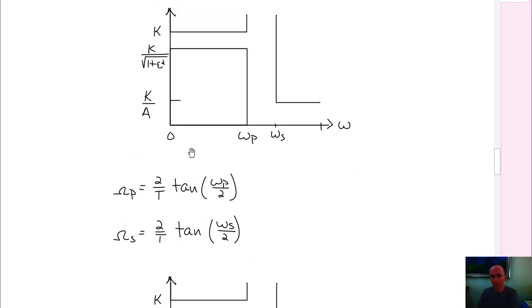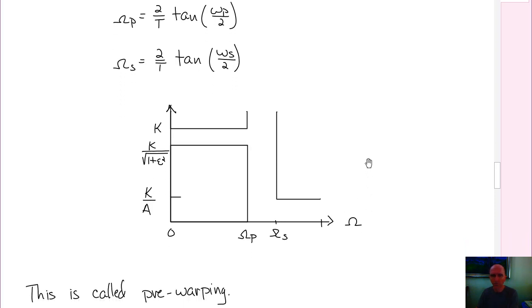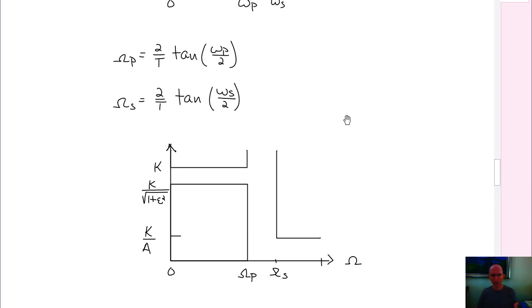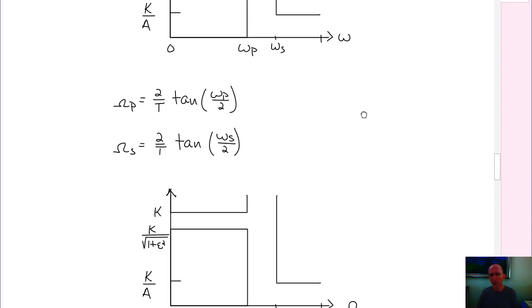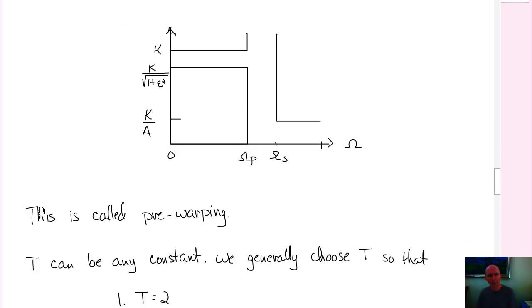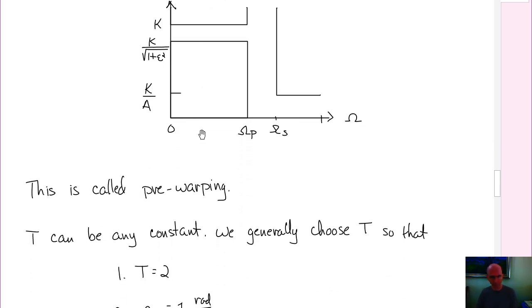Notice that the magnitudes stay the same. What changes is the frequency. And this change from little omega to big omega, from the specifications of H of z to the specifications of H of s, is called pre-warping. It's called warping because this relationship, as we can see, is not a linear relationship.